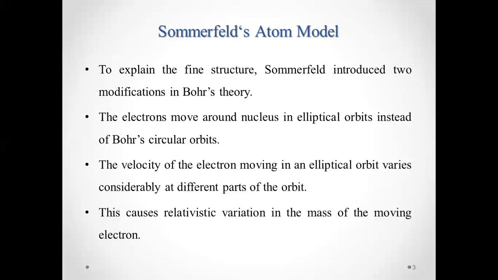To explain the fine structure of spectral lines, Sommerfeld made two important modifications to the Bohr model. The first modification is that the electrons move around the nucleus in elliptical orbits instead of Bohr's circular orbits.